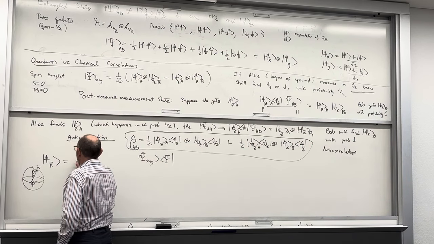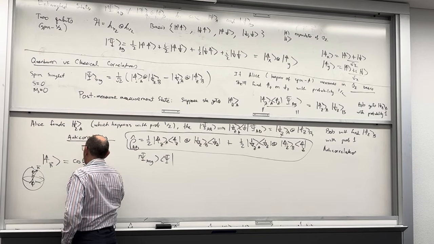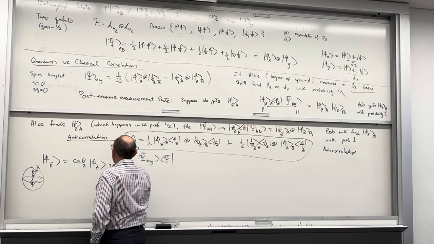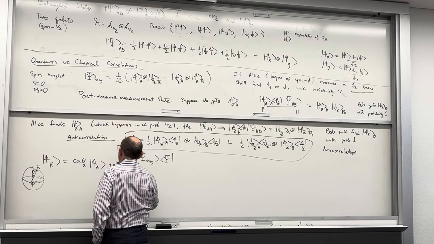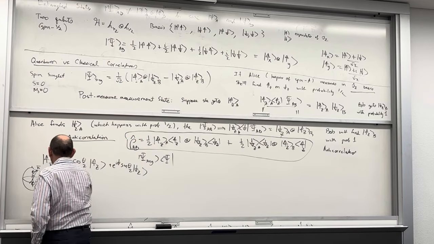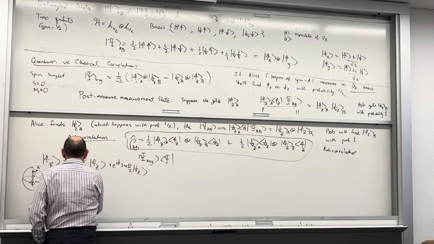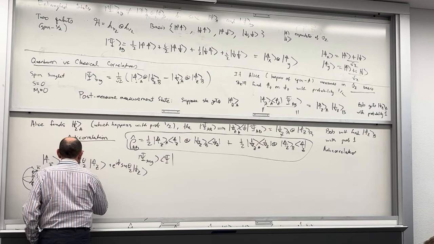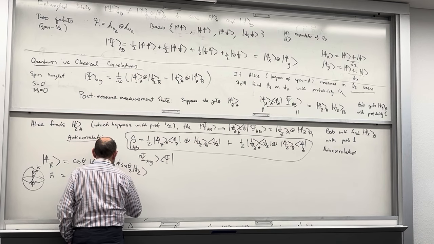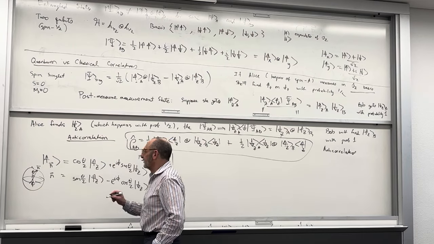There's cosine theta over 2, spin up, right? And then e to the i phi sine theta over 2, spin down along z. And similarly, that's the spin down guy.